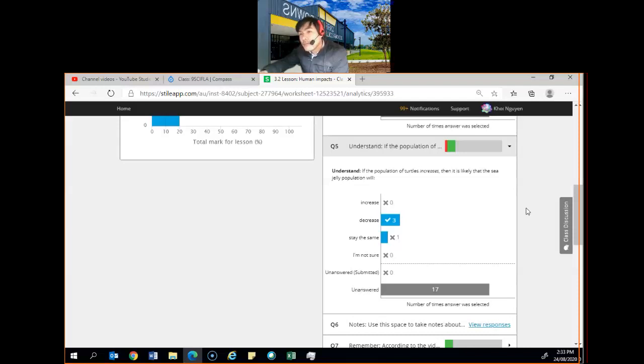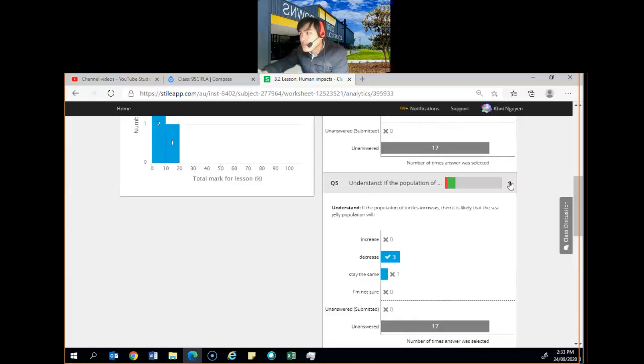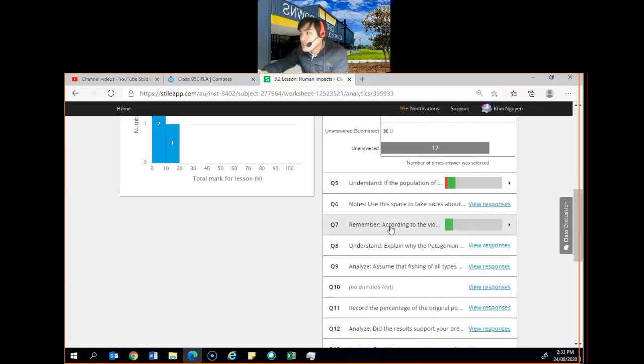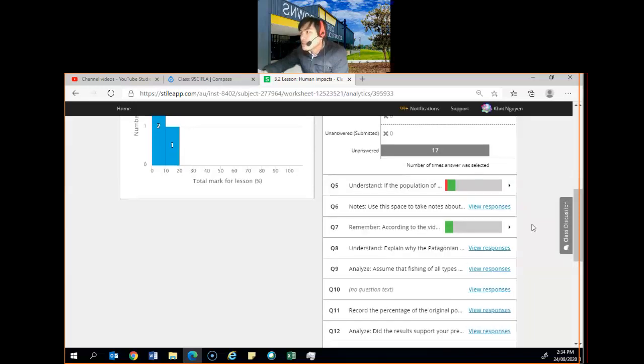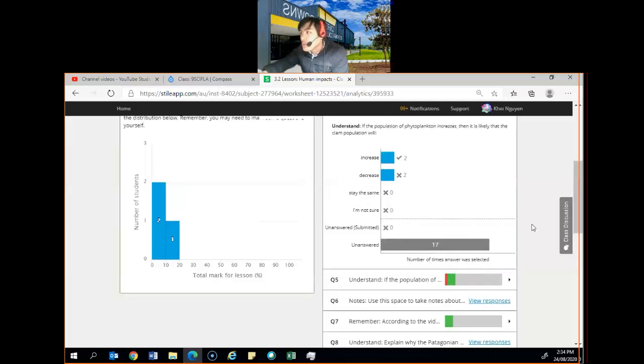So if you have more sea turtles, then they would hunt sea jelly, and therefore the sea jelly population would decrease. So I hope that makes sense. And I can see that for question 7, everyone so far who has answered this has got it correct. So well done.